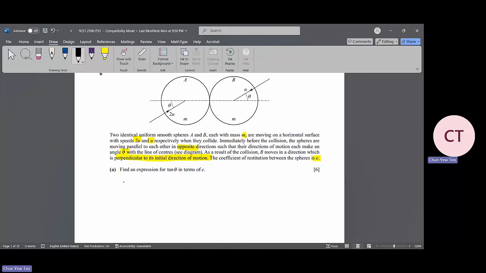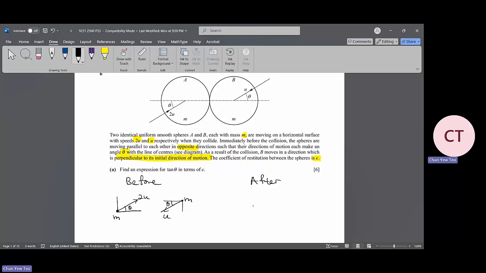So we need to draw the diagram for before and after. Before, A is moving this way. This is the 2u. And B is moving this way. This is also theta. This is u. This is m.